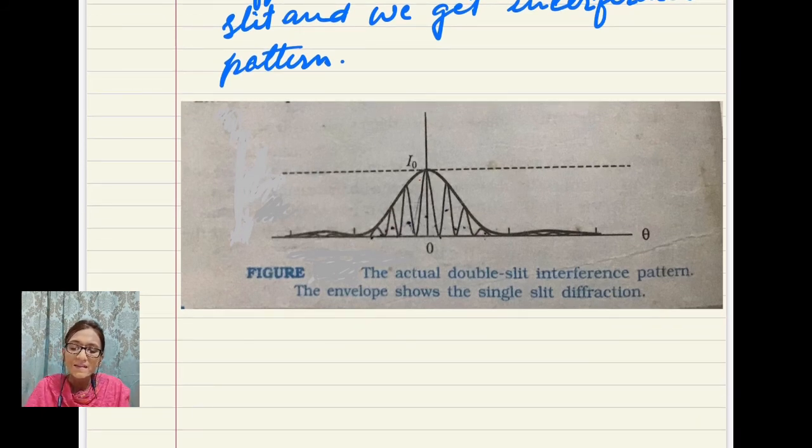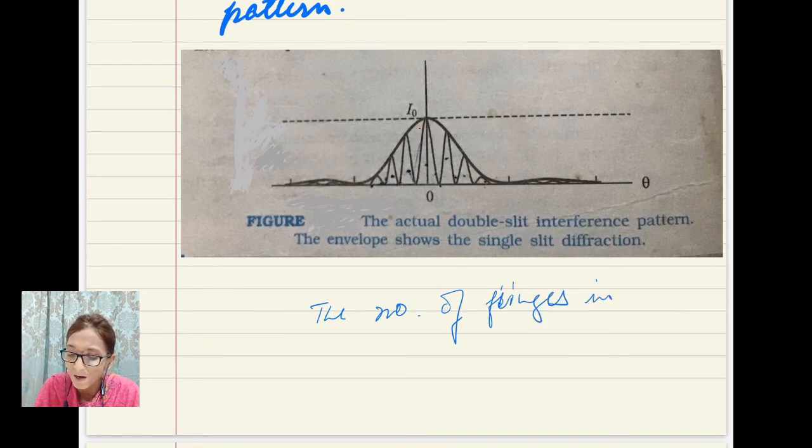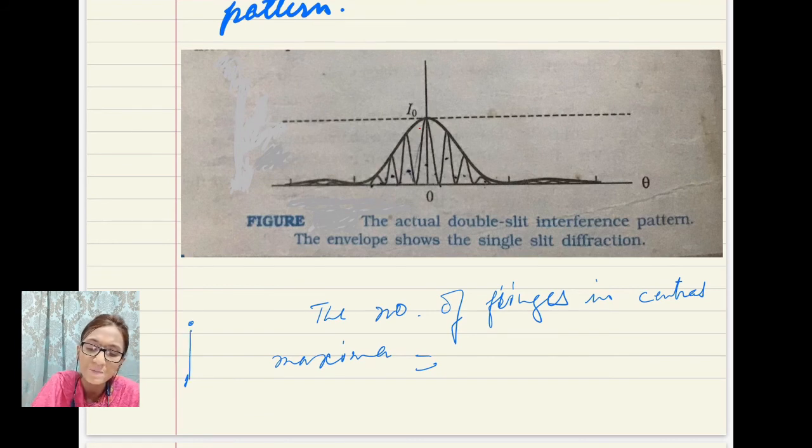Now the number of these fringes in the central maxima will be equal to, suppose you have two slits and the distance between the two slits is D, and this slit is of width A, then the number of fringes in the central maxima will be equal to D upon A. So if you reduce the width of one slit, one hole, then the number of fringes will increase.